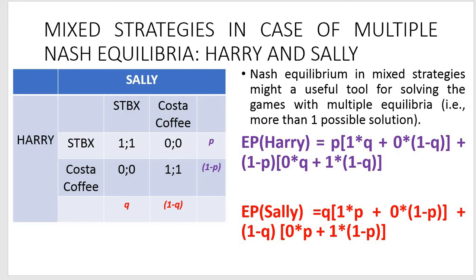In this case, you remember we discussed the example of Harry and Sally when we analyzed assurance games with multiple equilibria. Nash equilibrium can also provide some solution to this kind of problem. As you remember, we have two Nash equilibria in pure strategy: when Harry and Sally meet in Starbucks and when Harry and Sally meet at Costa Coffee.